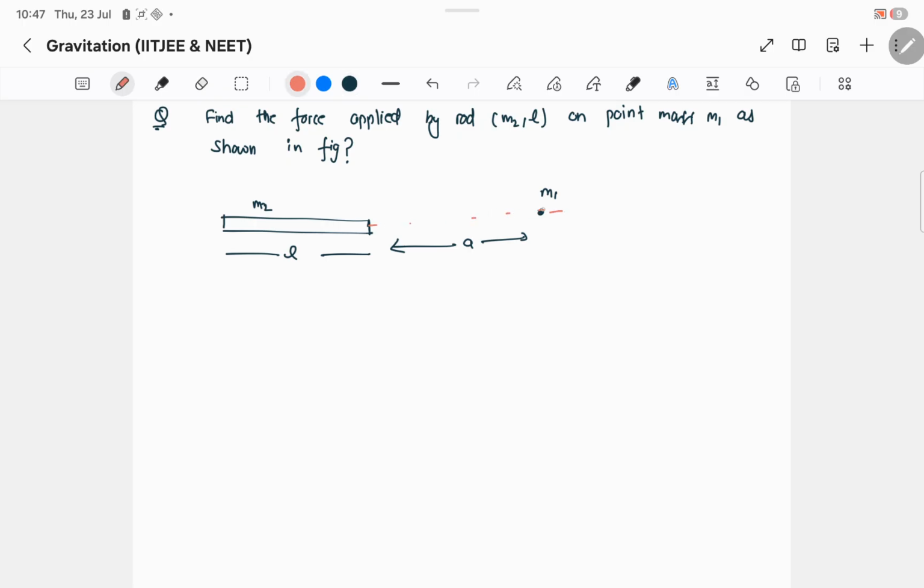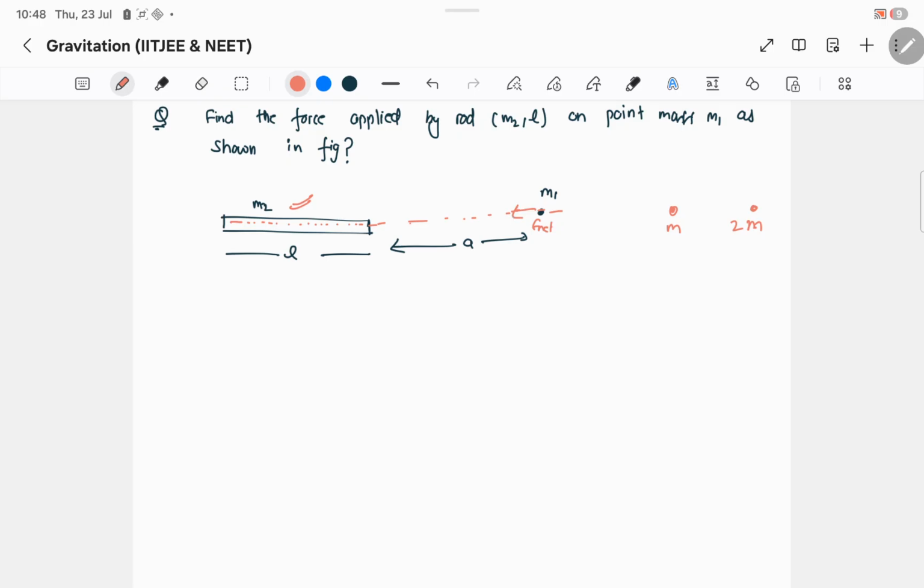Line of action. Okay. But until now what you have done is only find the force between two masses, any two masses. But here this entire rod is attracting M1. So you have to find with how much force this rod is attracting M1, that you have to find, F net. Okay, so you can assume that every point of the rod has some mass, so every part is attracting with some force.